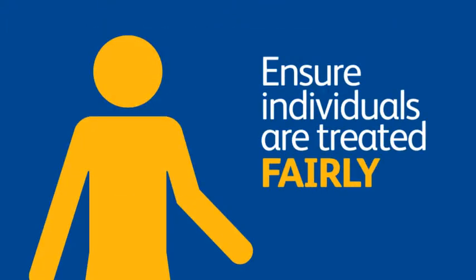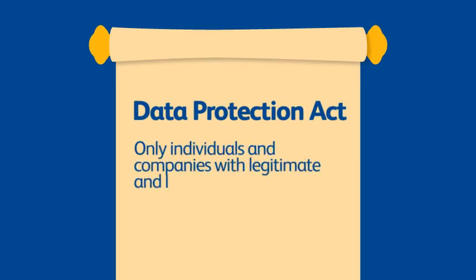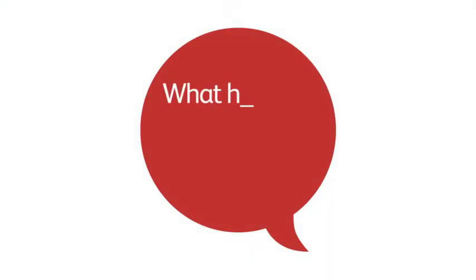This is particularly important to ensure individuals are treated fairly, for example, for credit checking purposes. The Data Protection Act states that only individuals and companies with legitimate and lawful reasons can process personal information, and it cannot be shared. So what happens if you and your business don't comply?